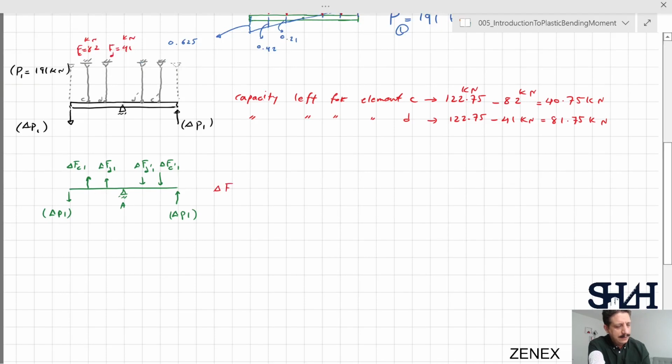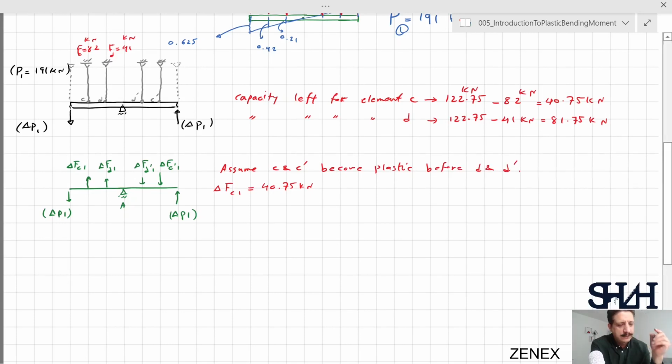Now delta FC1 is 40.75 kilonewton. We can assume C and C prime become plastic before D and D prime.